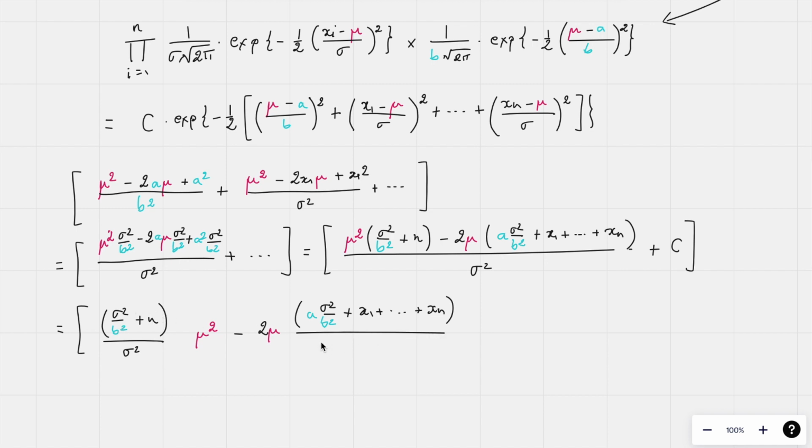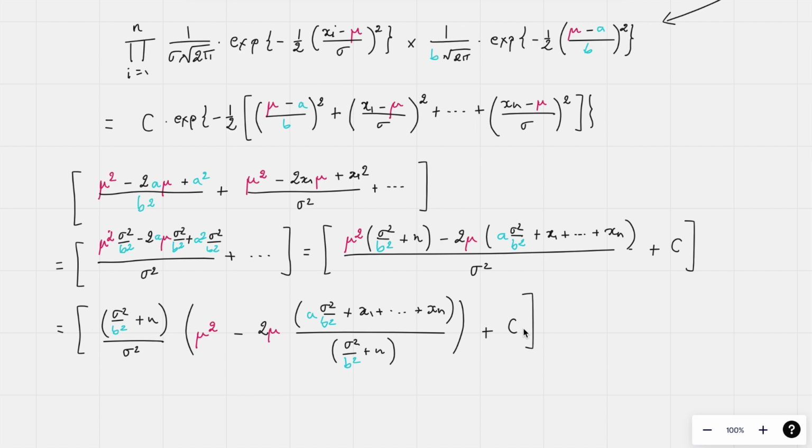So it's going to be sigma squared divided by b squared plus n, like that. And so that here is of course within these brackets like this. And as usual, everything else still does not depend on mu, so I'm just writing it as a C to say that this is a constant that does not depend on mu.